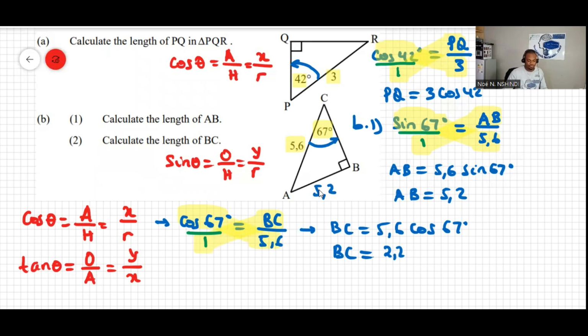So we could also use this formula by saying tan of 67 degrees will be equal to the opposite side. When I say opposite side, it is with reference to the angle, which is 67 degrees.